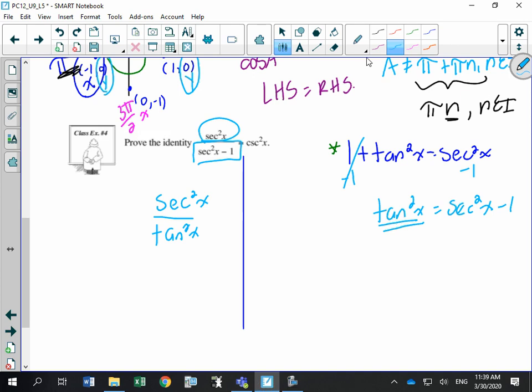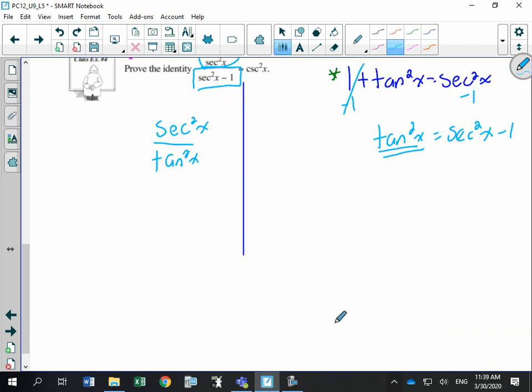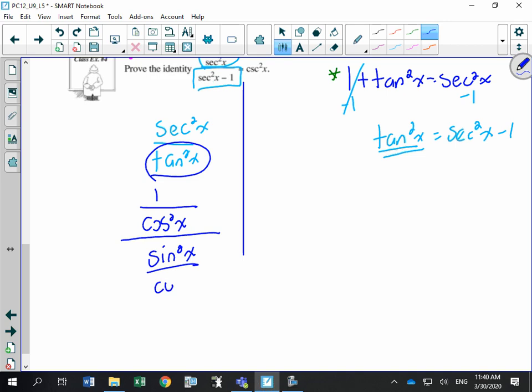Okay, so I've cleaned up the denominator. Now I want to rewrite these in terms of sine and cosine. If ever I can get rid of tan, secant, cotan, cosecant, I want to do that. So secant squared of x, what was the identity? That's the same thing as 1 over cos squared of x. Tan squared of x is the same thing as sine squared of x over cos squared of x.